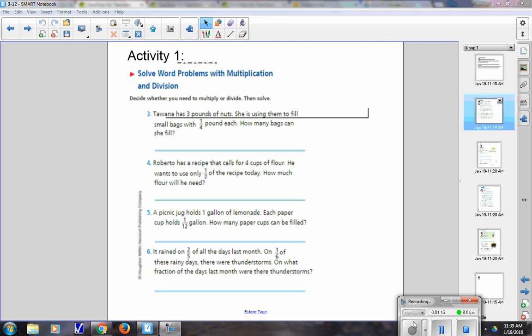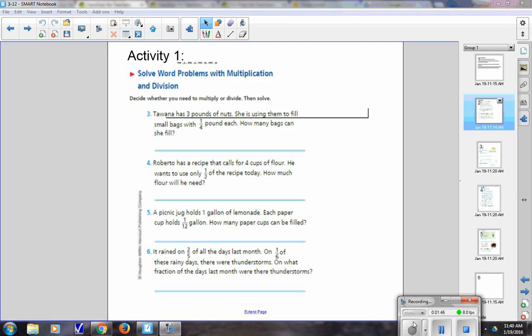And we're going to start off with Tawana has 3 pounds of nuts. She's using them to fill small bags with 1/4 pound each. How many bags can she fill? So what she's asking is how many quarter-pound bags can she get out of 3 pounds of nuts?